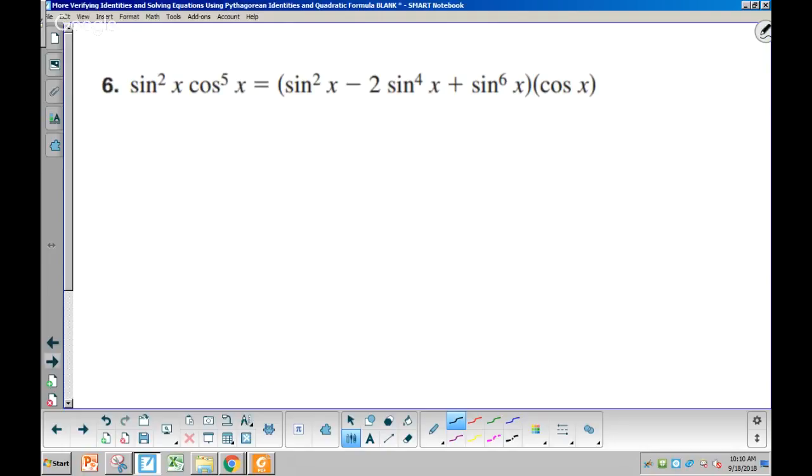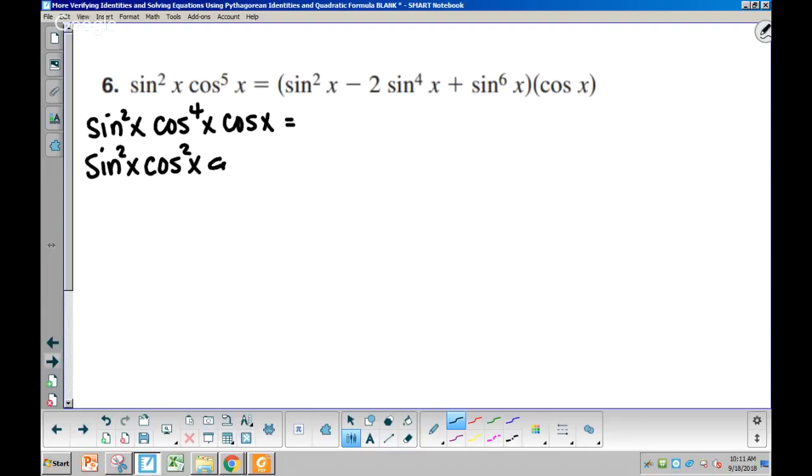We're going to expand the left side again. What's standing all by itself? Cosine. So we're going to bust this up into sine squared x, cosine to the 4th x times cosine x. And then what do you think we're going to do with that cosine to the 4th? Split it up again. So that will be sine squared x, cosine squared x, cosine squared x, times cosine x.